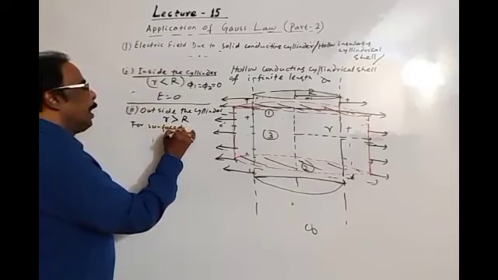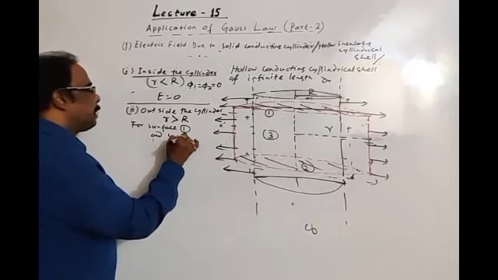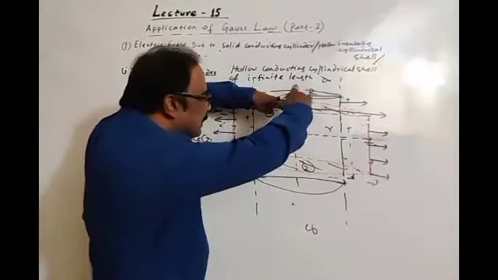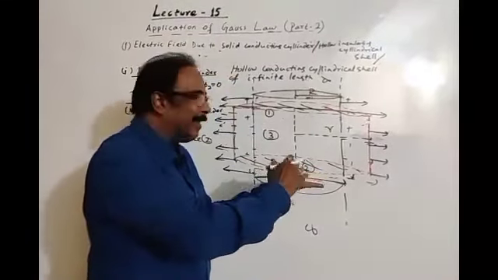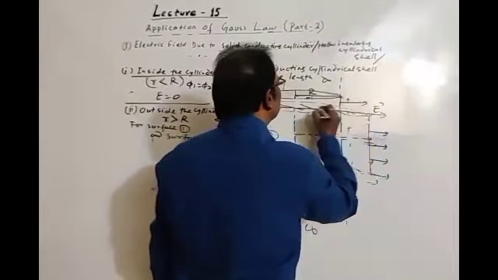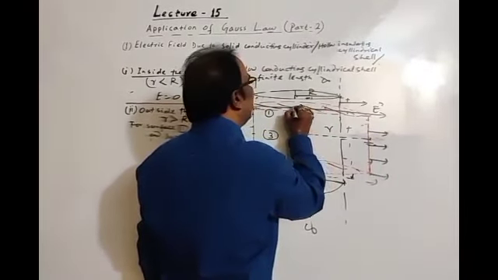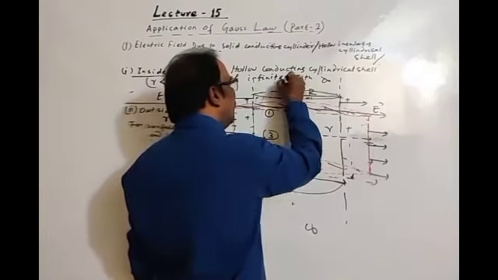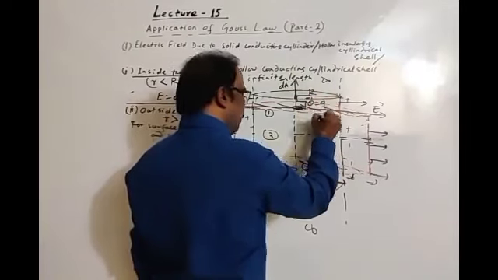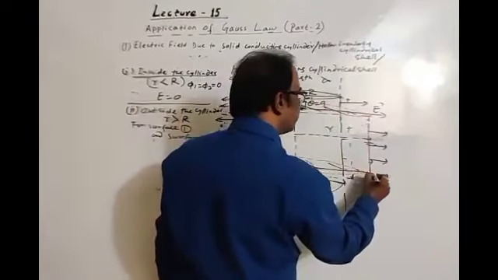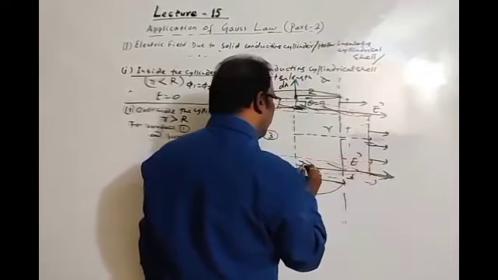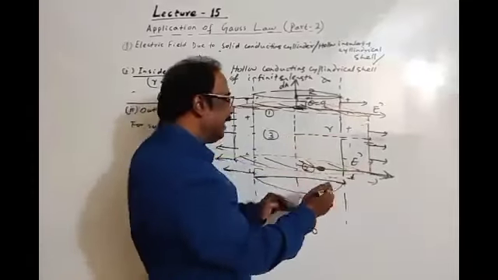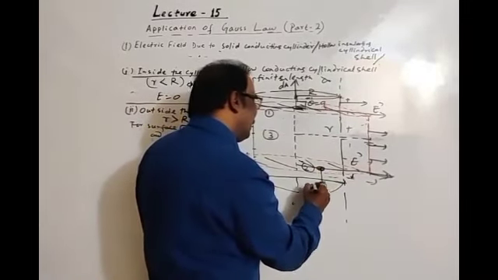For surface 1 and surface 2, that means this cross-sectional area and this cross-sectional area, the electric field is outward. If you consider an elemental area dA, the direction of the area vector is outward, and here theta is 90 degrees. Also for this Gaussian surface, the electric field is outward, and the elemental area vector is outward.